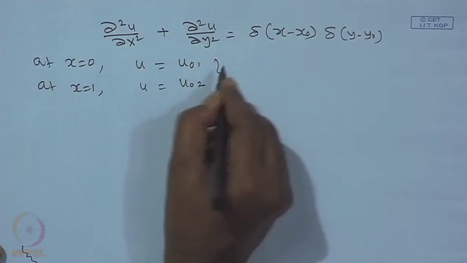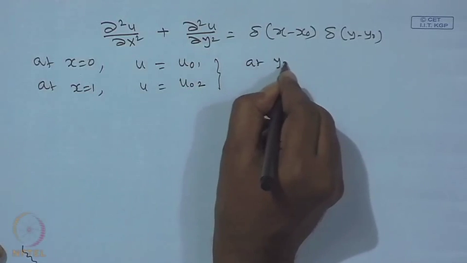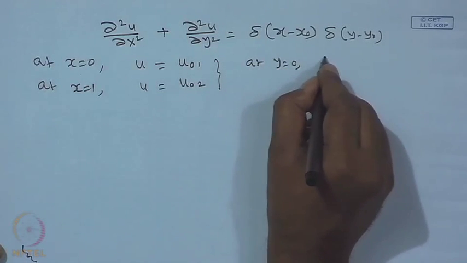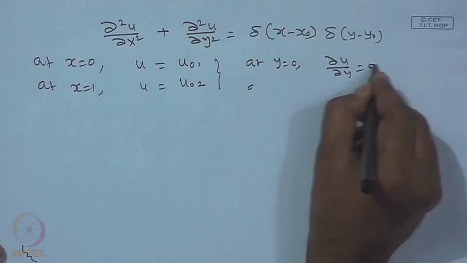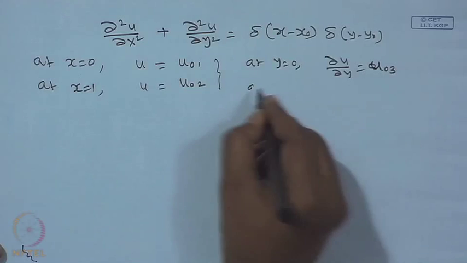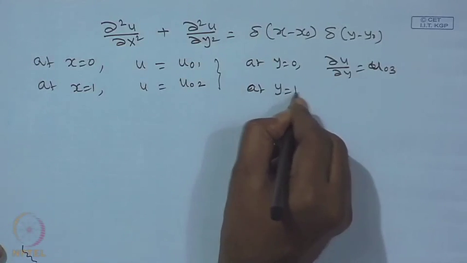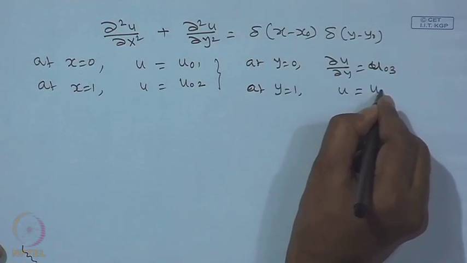Then at y is equal to 0 we have, let us say, del u del y is equal to u03, a constant wall flux condition, and at y is equal to 1 u is equal to u04.